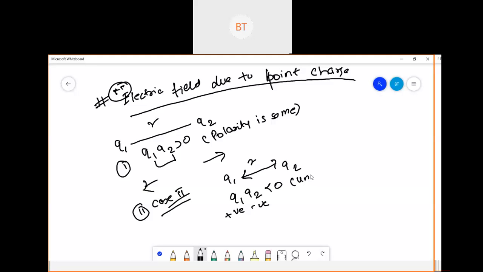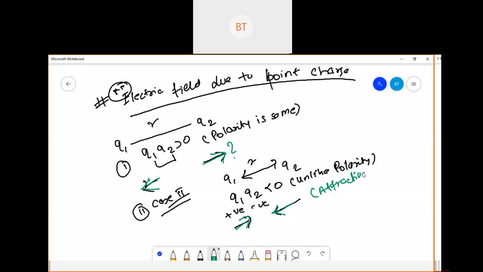So in this case we get an attractive force, meaning towards each other. In these sessions, we want to discuss the direction in which the charge is moving. Keep in mind this repulsive direction, and this direction is opposite. This is attractive, towards Q1 and Q2.